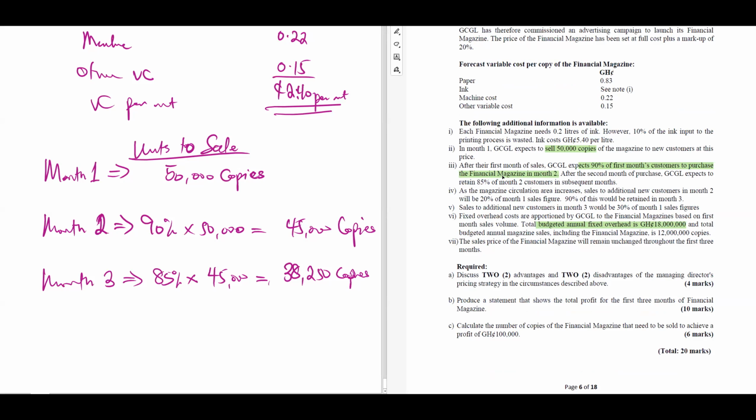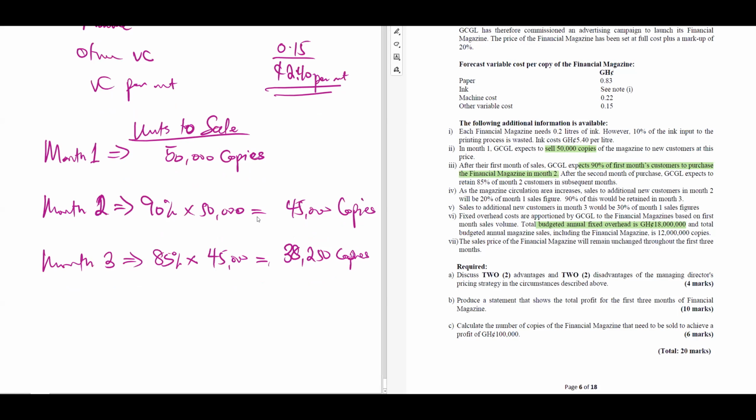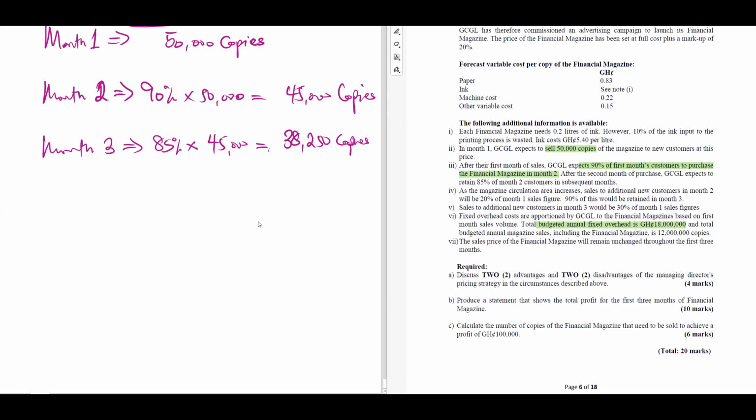So I see 18,000 to be the budgeted annual fixed overhead. And then they are saying the total sale is 12. Okay, so the overhead is the 18,000. So that means we need our OAR, right? I believe you should have said that.